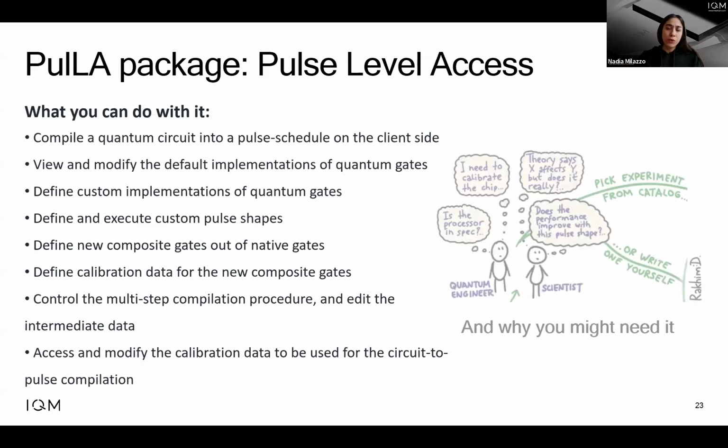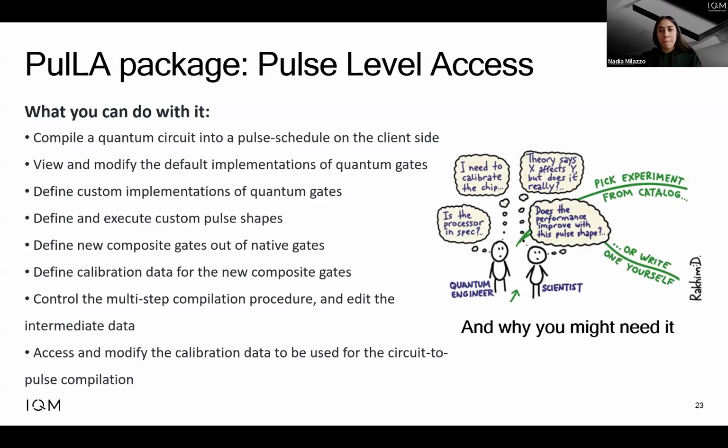And why would you want to do that? Let's imagine that you are a quantum engineer or a quantum scientist, and you are working maybe on the hardware side of things. So you need to calibrate the QPU. That we will see what this means. Or you want to be sure that you have, for example, prepared a good qubit, as we have seen with this Rabi oscillation.